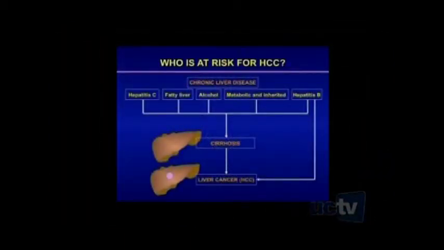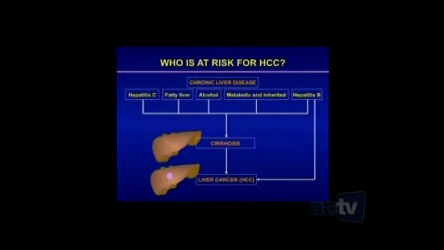So why do people develop liver cancer? Who's at risk? As Dr. Ascher already alluded to, it occurs in the background of chronic liver disease. I'm just mentioning a few examples: hepatitis C, fatty liver, alcohol, metabolic inherited disease.